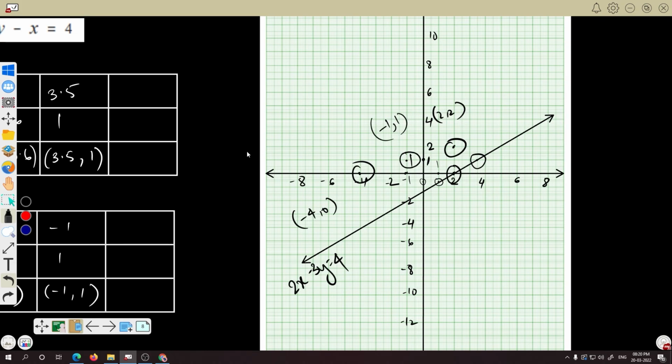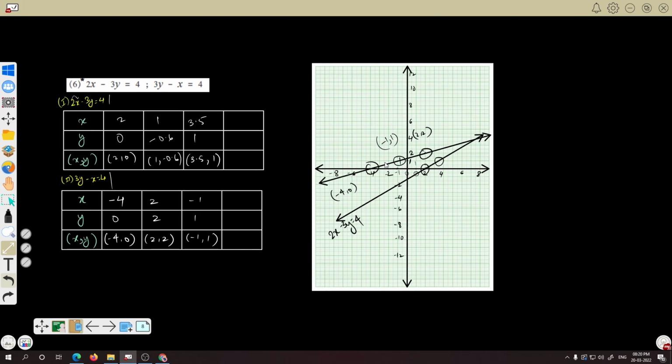So now to plot the graph, we will join all the points. Make sure that the points lie on the same line like this. I'll extend this line in this direction as well. Fine. I'll just zoom out. I hope this is clear to you.